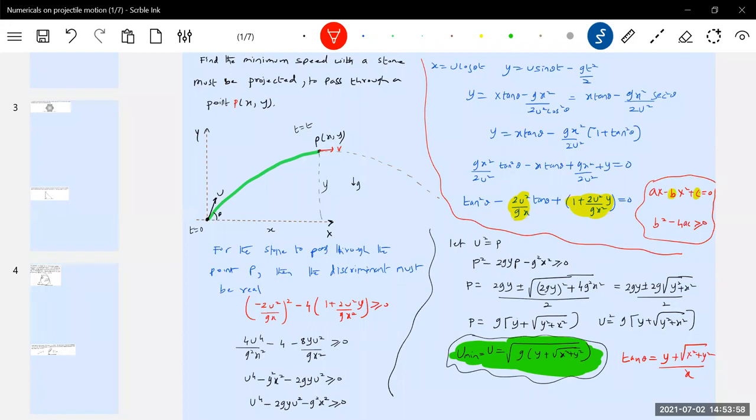So here x and y are fixed. Try to understand, you have to project with a speed u at an angle theta. That condition for theta also we are bringing.